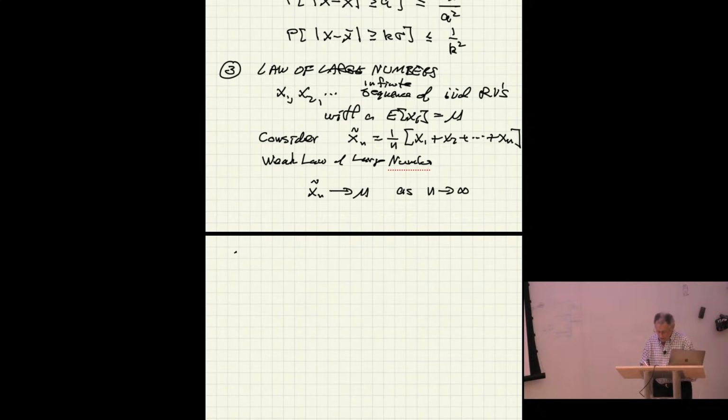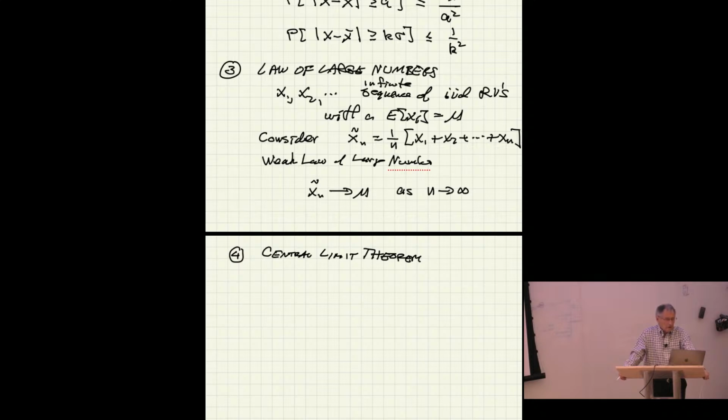Now, the fourth thing related to that, you might expect I'm going to get to, is the central limit theorem. Can somebody tell me what the central limit theorem basically says? Not mathematically, but in words. Yes. Right.